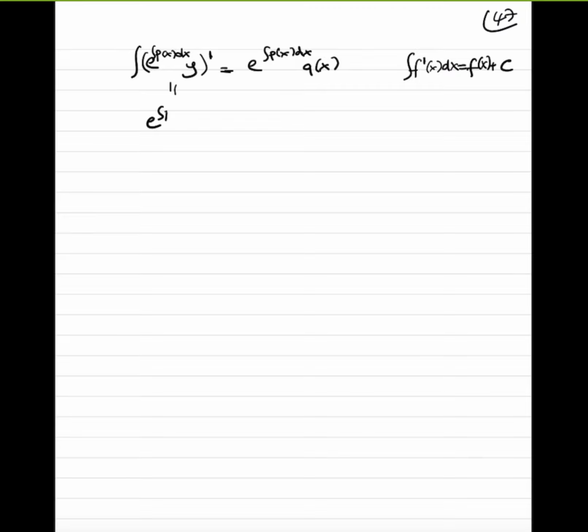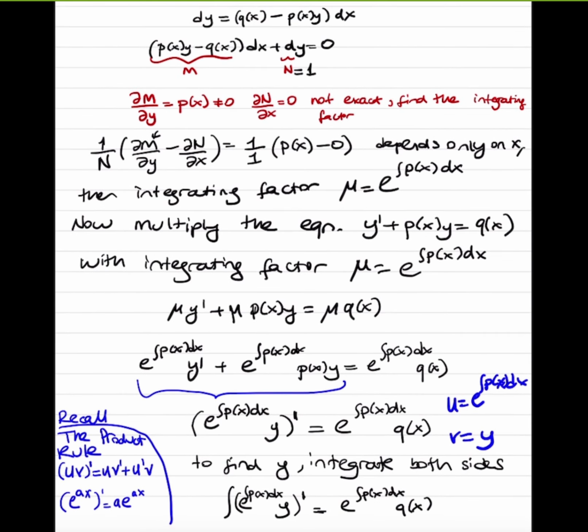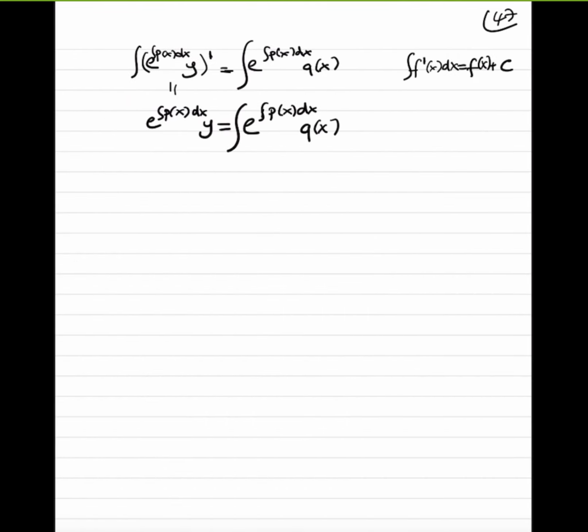So we have e to the power integral of p of x dx times y is equal to the integral, so you shouldn't forget to take this integral also. Okay, I forgot to write the integral here. Now we will solve some problems and you will understand it better.